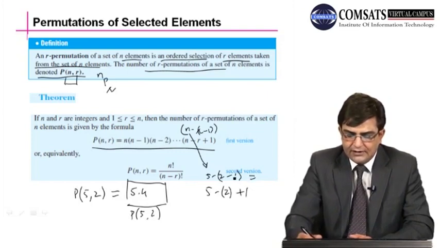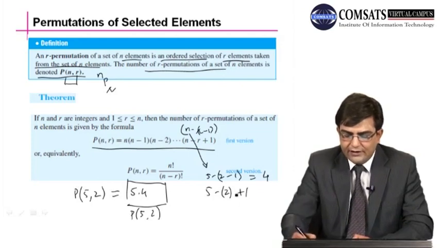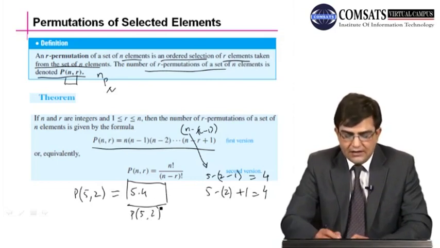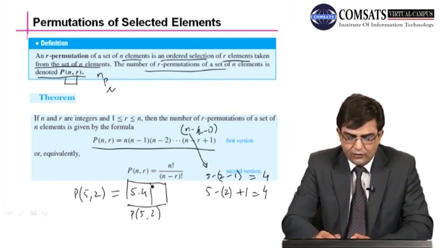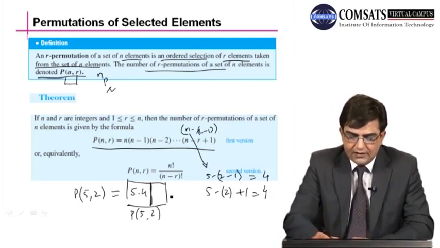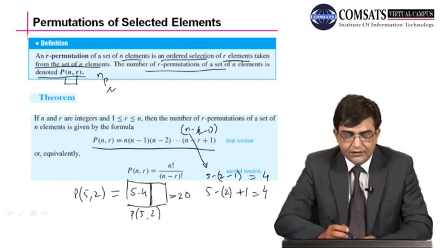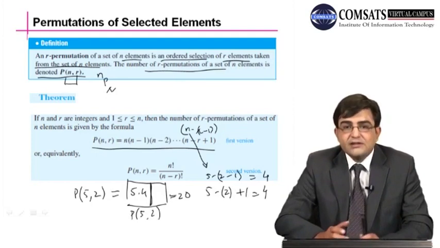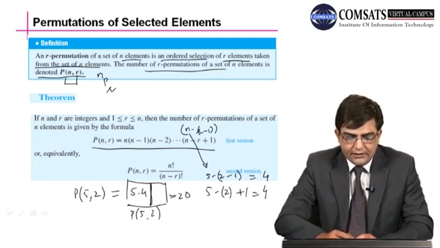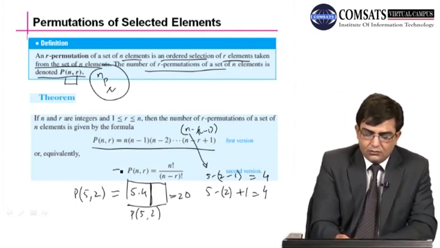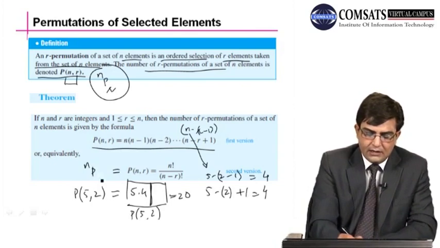What is this? 5 minus 1 is 4, and 5 minus 2 is 3, plus 1 is 4. So this will come until 4. Here we will stop. So this gives us 5 4s are 20 permutations. So this is how we can calculate the P(n, r) or nPr.